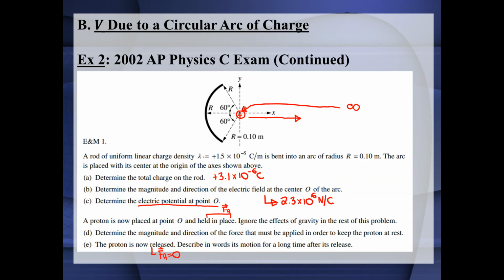Now, what's eventually going to happen is this proton is going to get so far away from the arc that the electric field contribution from the arc is going to be approximately equal to 0.